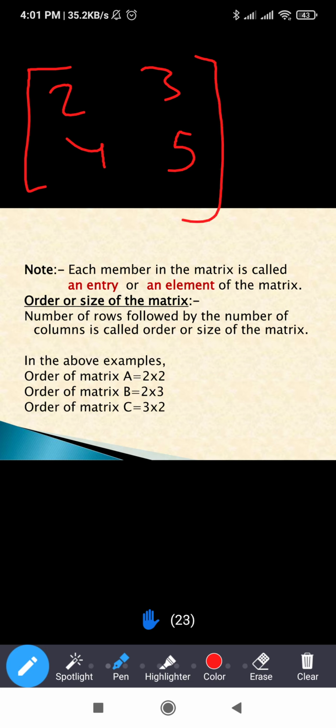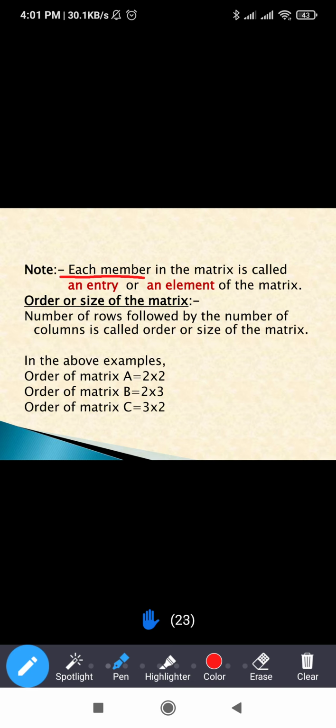Each of these members is called an entry or element. 2 is an entry or an element, 5 is an entry or an element. So note down, each member in the matrix is called an entry or an element of the matrix.